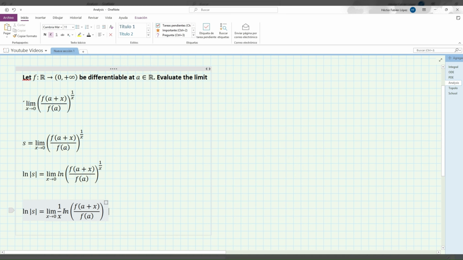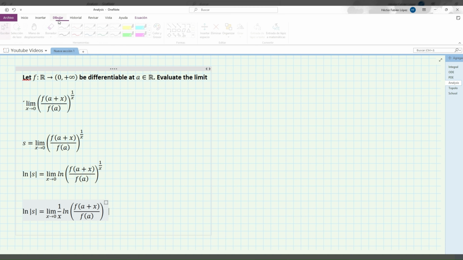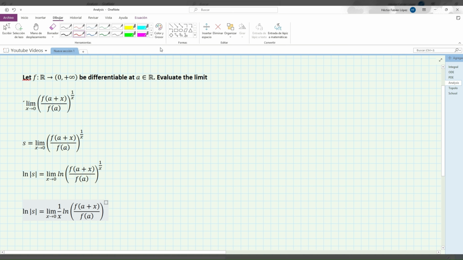Remember that we can do it because of the properties of logarithms. Okay, excellent, very well. Then here we will use another property of natural logarithms.